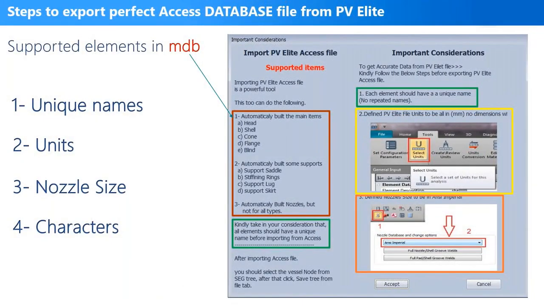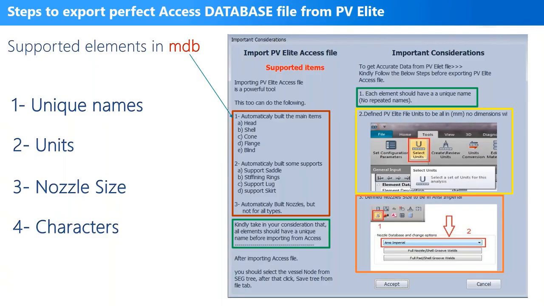During importing the Access database file to SEG, we informed you that you should make some steps before exporting your model to the Access database file. The first one is unique names. Unique names means each element in your BVLit model should have a unique name.